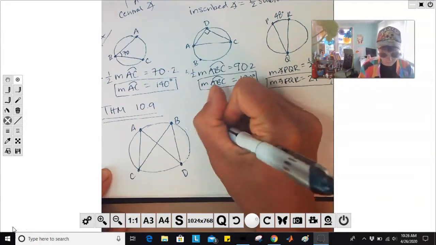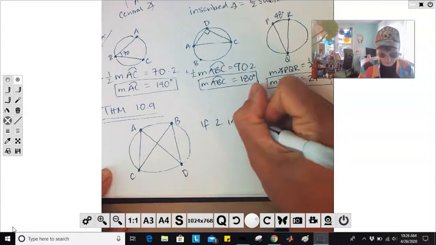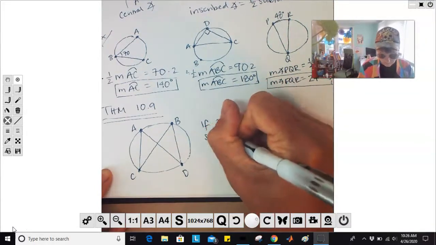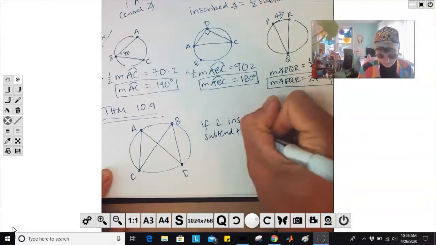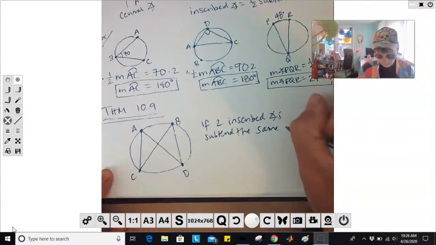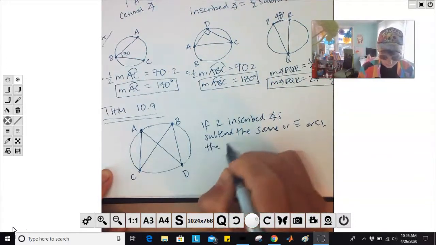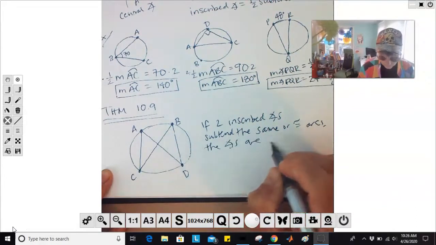If two inscribed angles subtend the same or congruent arcs, the angles are congruent.